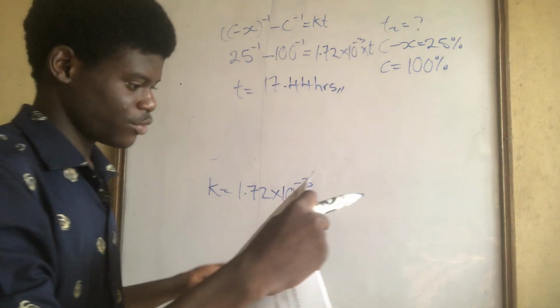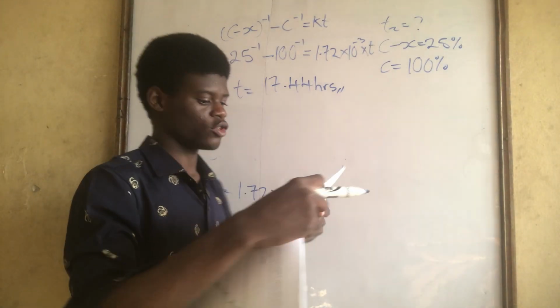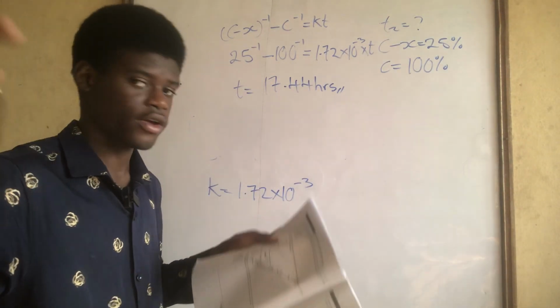So from the options, that will be option D, 17.5 hours. So question number 34, the answer is option D, 17.5 hours.